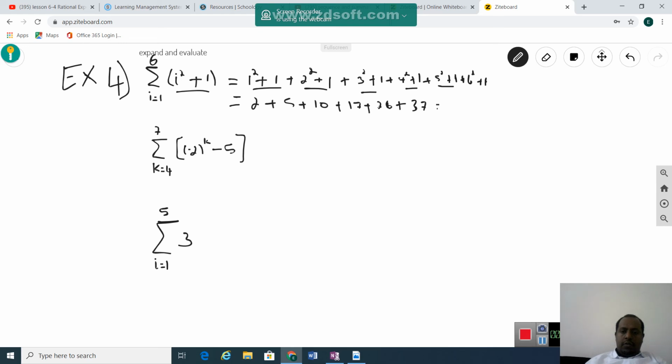So the sum of all this is going to be equal to 97.